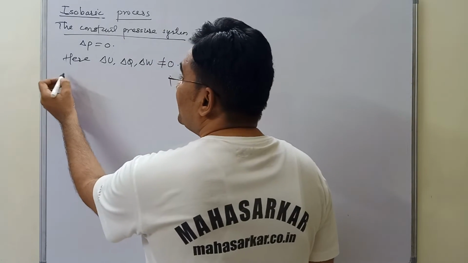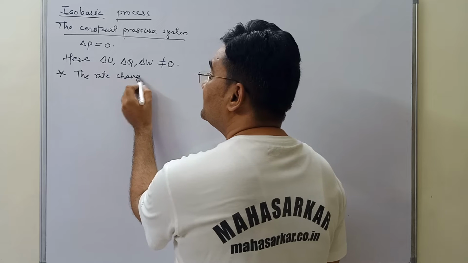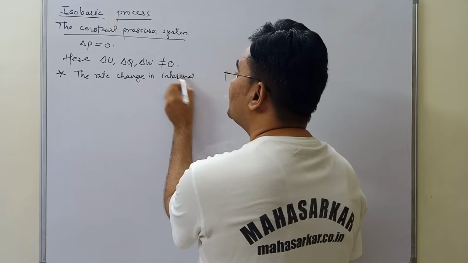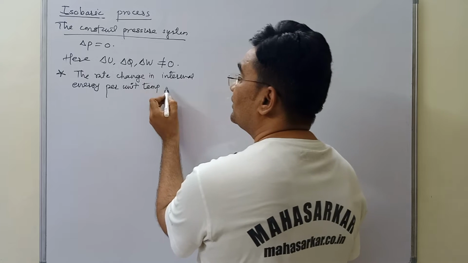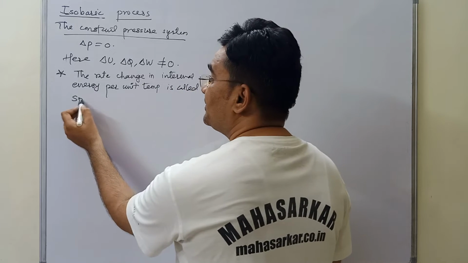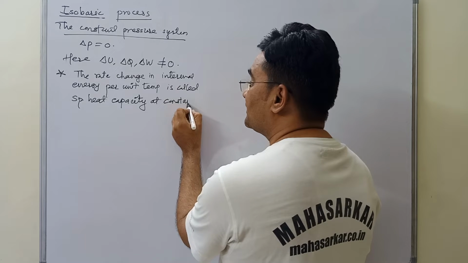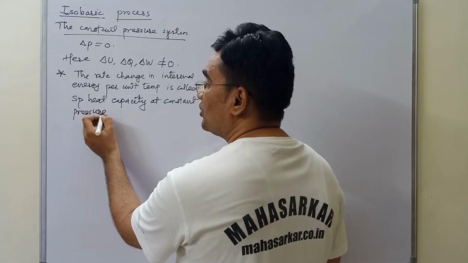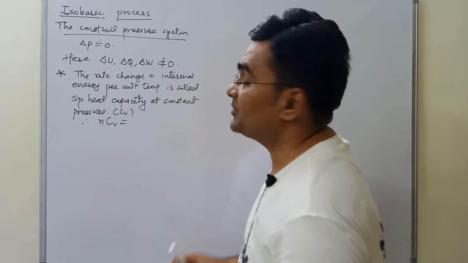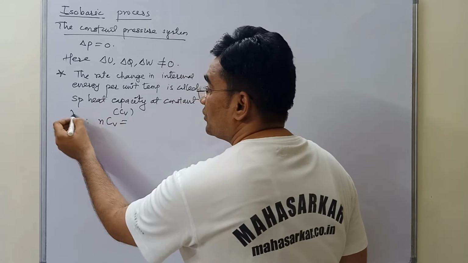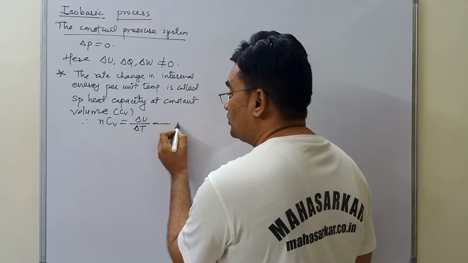Before going with this process, we need to clear a few definitions. We know that the rate of change in internal energy per unit temperature is called specific heat capacity at constant pressure, indicated by Cp. Therefore, for n moles, with Cv the molar specific heat at constant volume, Cv is delta U upon delta T. You will require this formula.